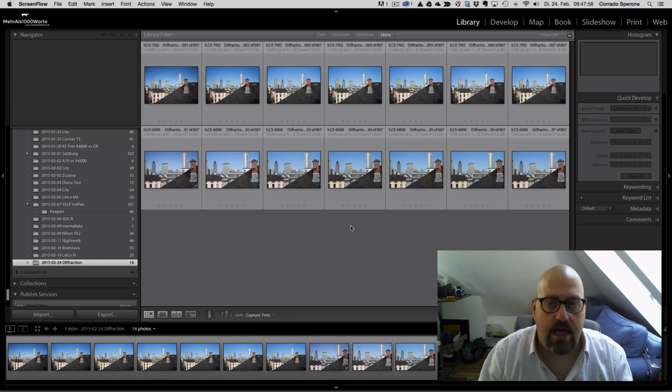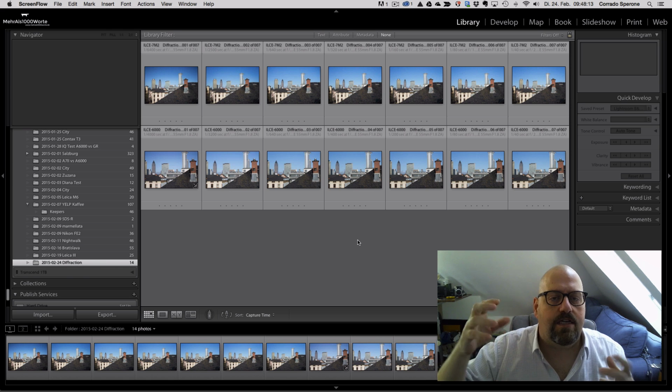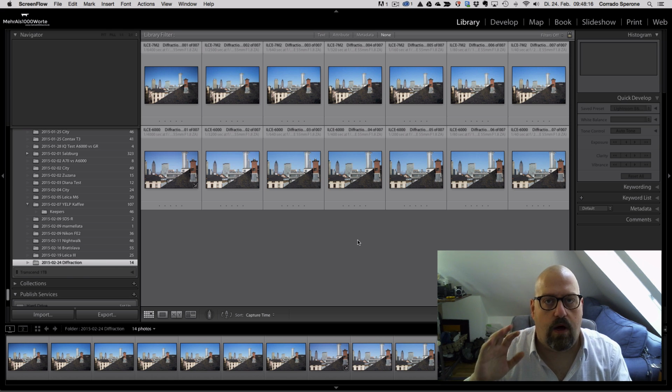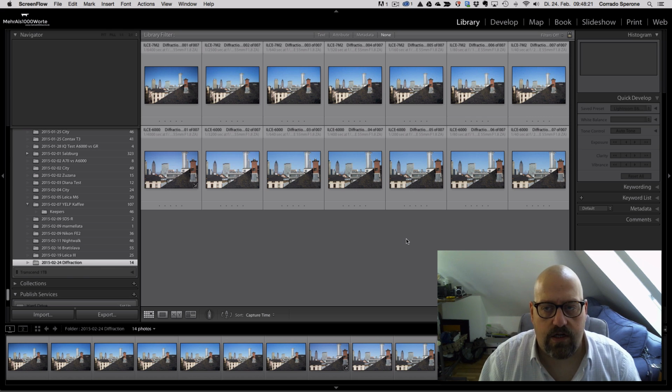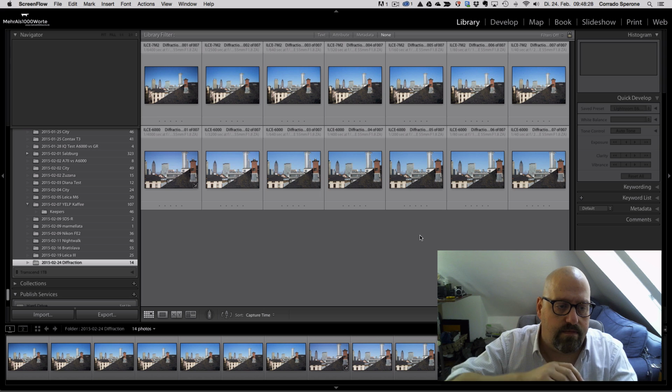And this has to do with the fact that, for example, when we take landscape shots, some people tend to close down the aperture as much as possible to get the highest possible depth of field, and assuming that they will also get the highest possible sharpness, which is not true, because there's this aspect of diffraction, and this has to do with the light traveling through the lens, through the aperture blades and onto the sensor.